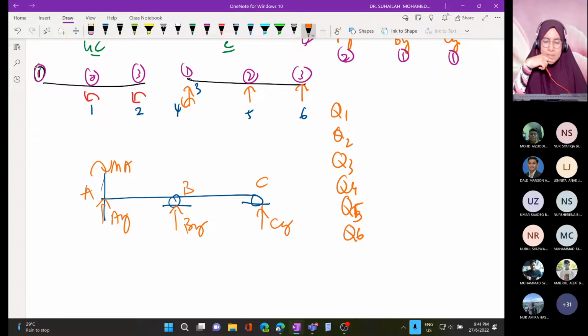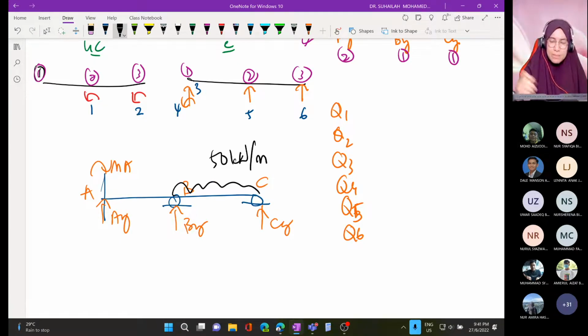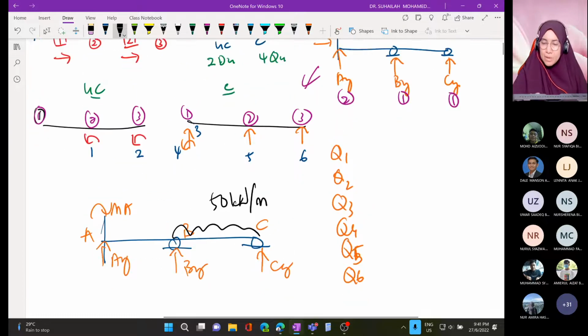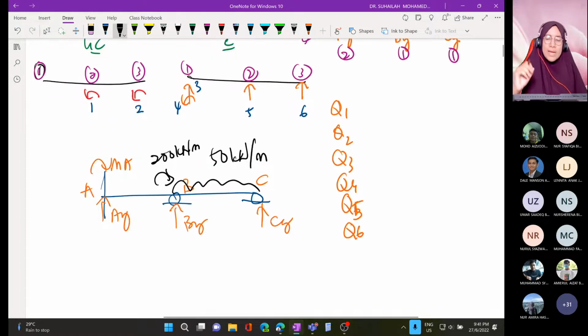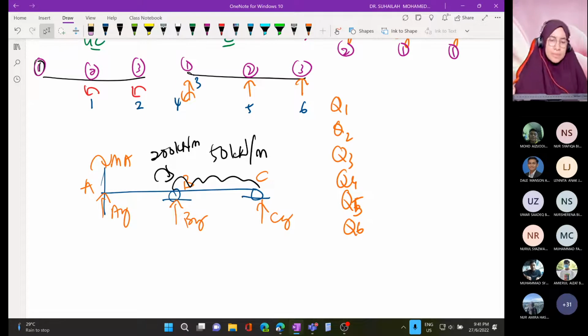Q1 means Z direction. For the question, I put the diagram here and add the loading. The loading here was 50 kilonewton per meter. I add another one, a moment of 200 kilonewton meter here. What is Q1?